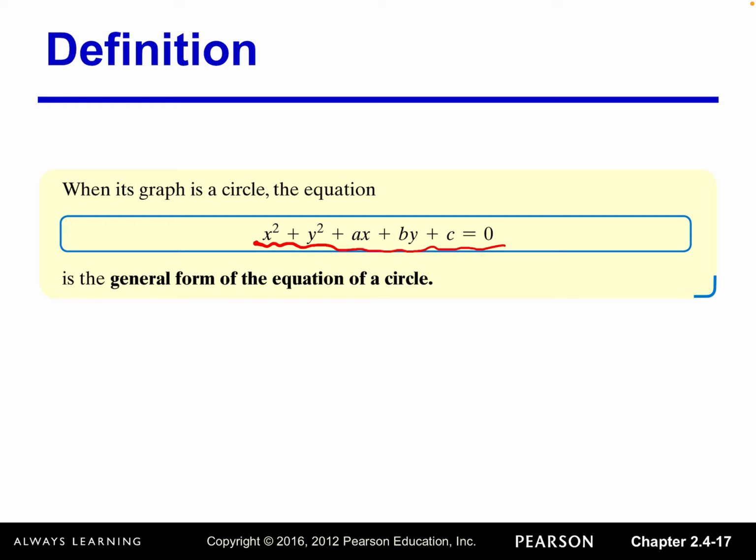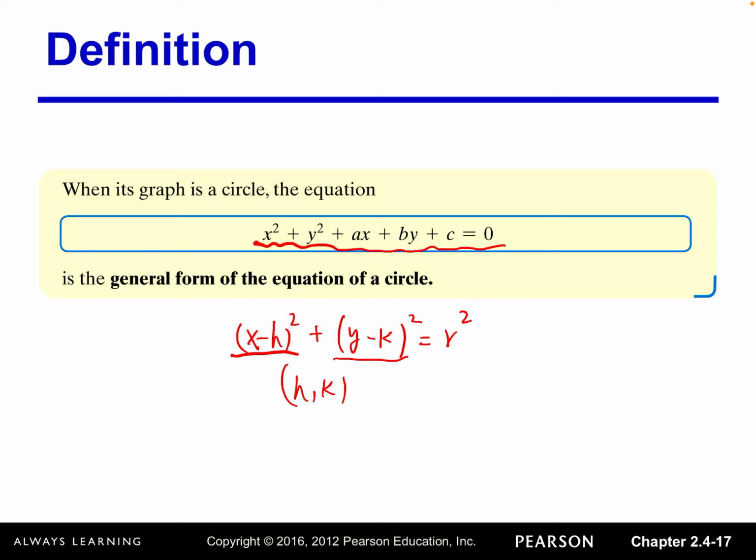So let's recall the standard form of a circle. It's (x minus h) squared plus (y minus k) squared equals r squared, where (h, k) is the center of the circle and r is the radius. The standard form is written as a perfect square, with the constant term moved to the right hand side.